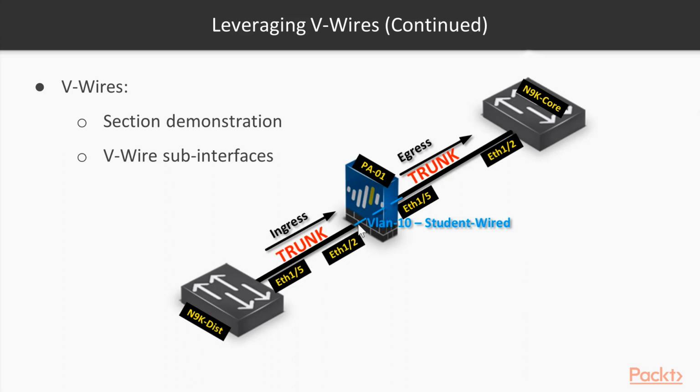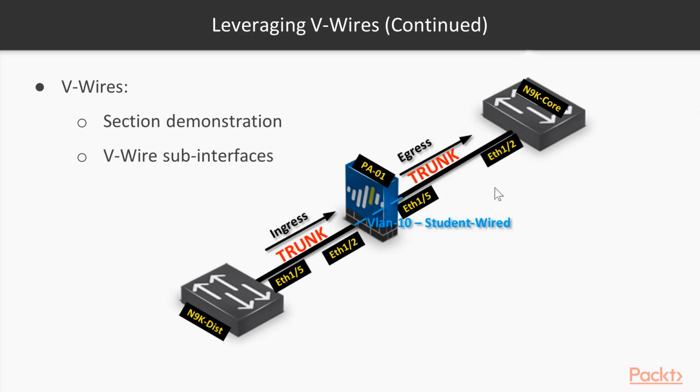And when it comes to virtual wires, this blue dotted line represents a virtual wire. So the virtual wire is basically connecting or binding Ethernet 1/2 virtually to Ethernet 1/5. So inside the Palo Alto, I'm basically bridging those two interfaces, Ethernet 1/5 and 1/2, with a virtual wire. So I'm actually cross-connecting both of them, connected logically. So they're actually connected using this virtual cable.